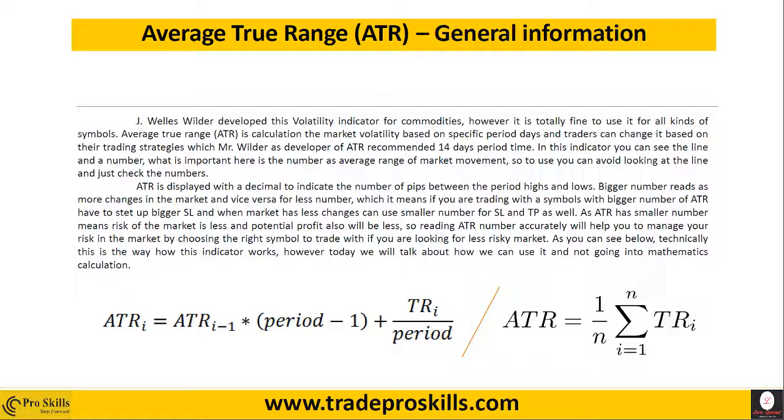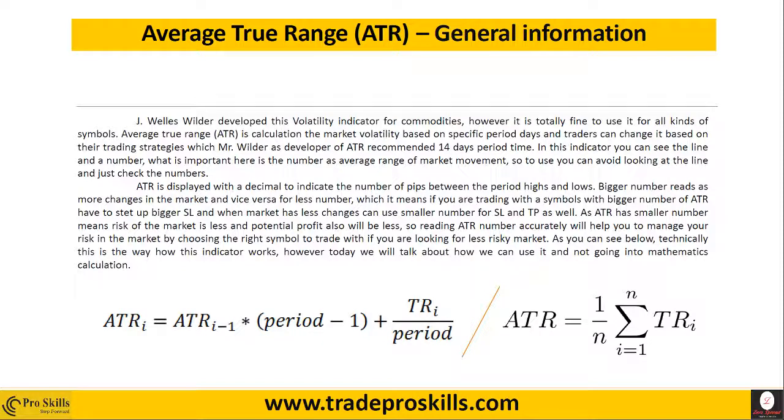I mean, between the highs and the lows, it shows the number of pips in decimals. A bigger number means more change in the market, and vice versa for smaller numbers. Which means if you are trading symbols with a bigger ATR number, you have to set a bigger stop loss, or set your stop loss a little bit farther, and the same for take profit.